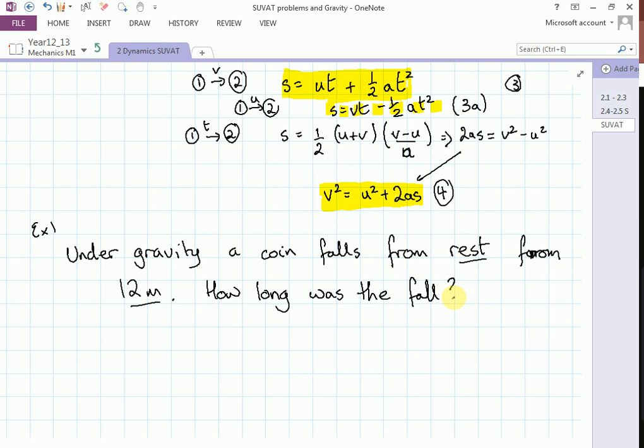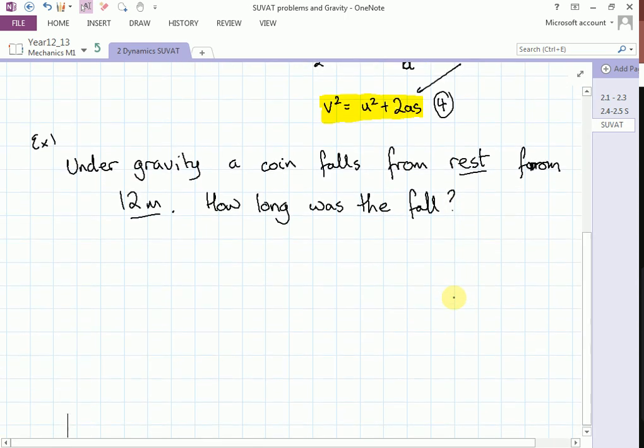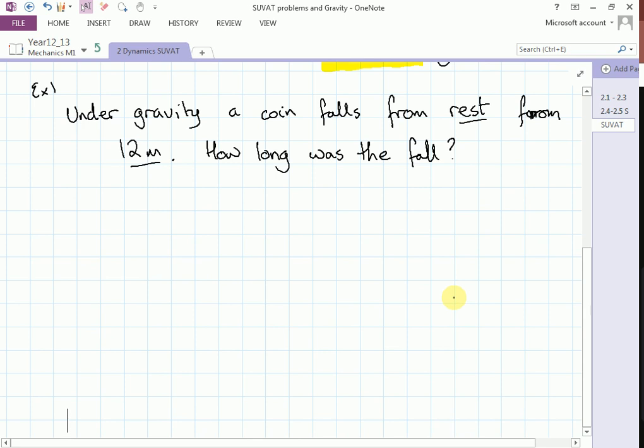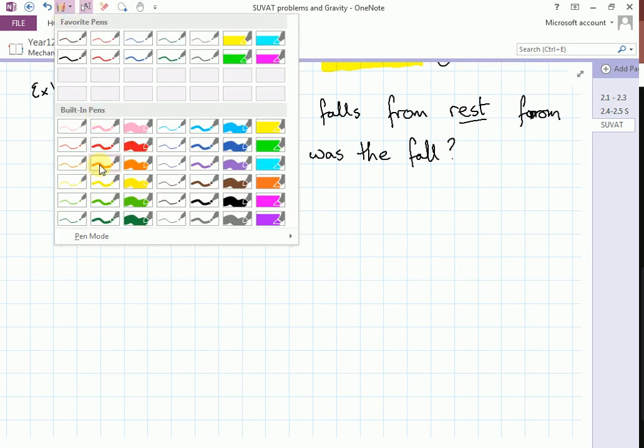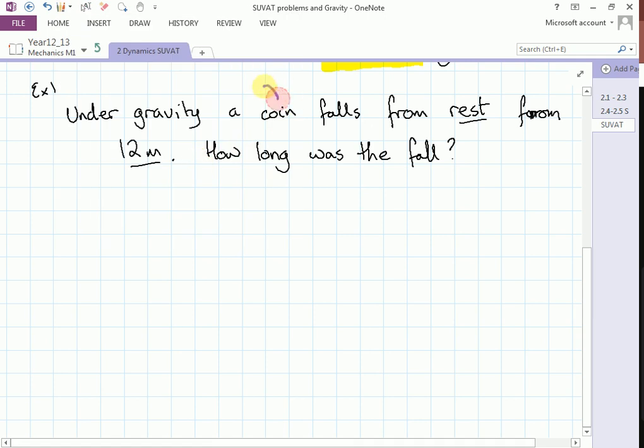So what information do I know? Often worth drawing a diagram to start with. So a coin, we're going to consider the coin to be a particle. What does that mean for us? First, it's got no size. So with that no size, what's that mean about air friction?